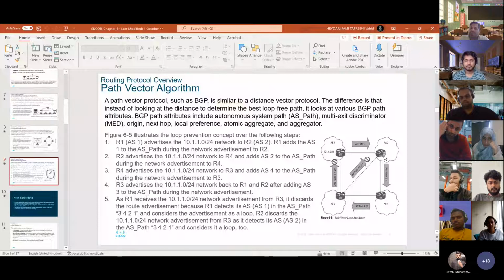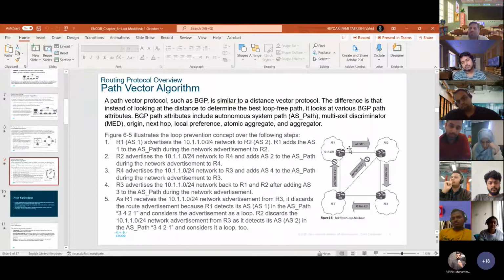Now, AS2 needs to send the same BGP update for 10.1.1.0 to its neighboring BGP speaker, which is R4 here. It sends that BGP update, but pay attention to this. The AS path attribute was updated, and now we have AS1 as well as AS2.